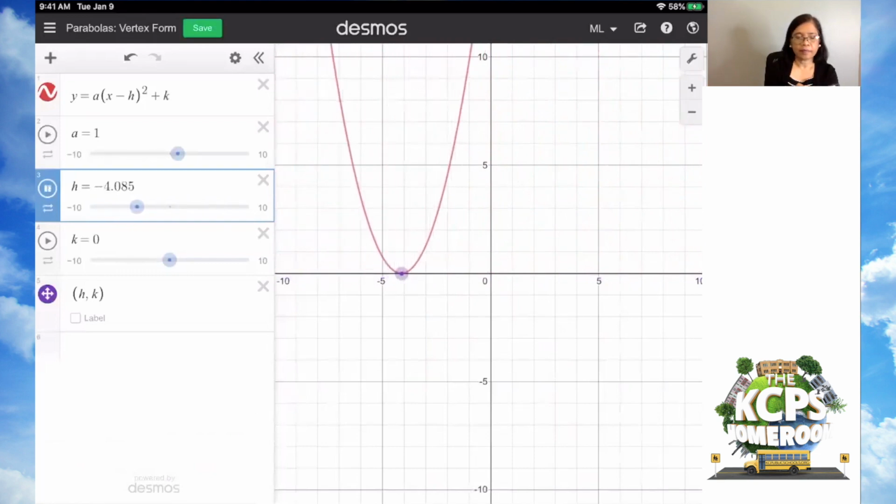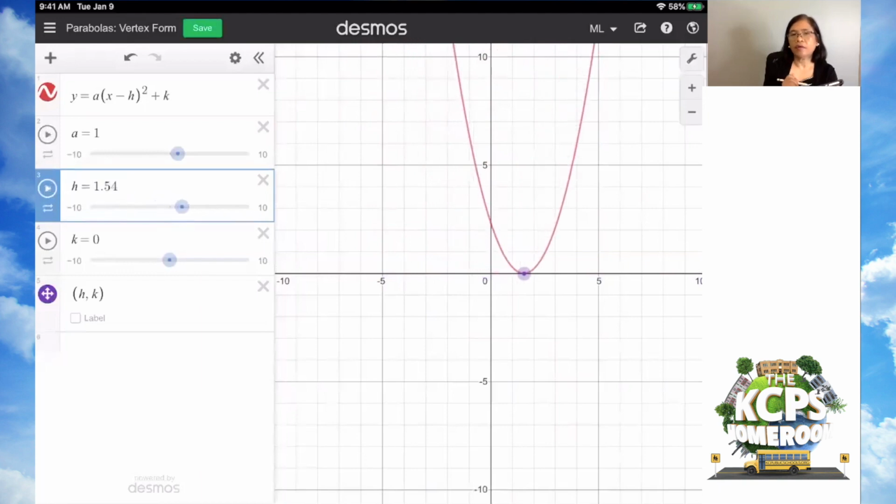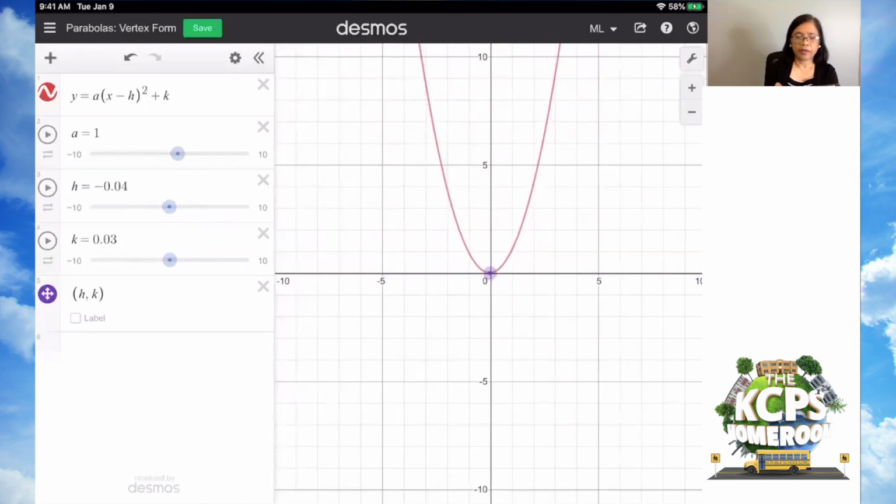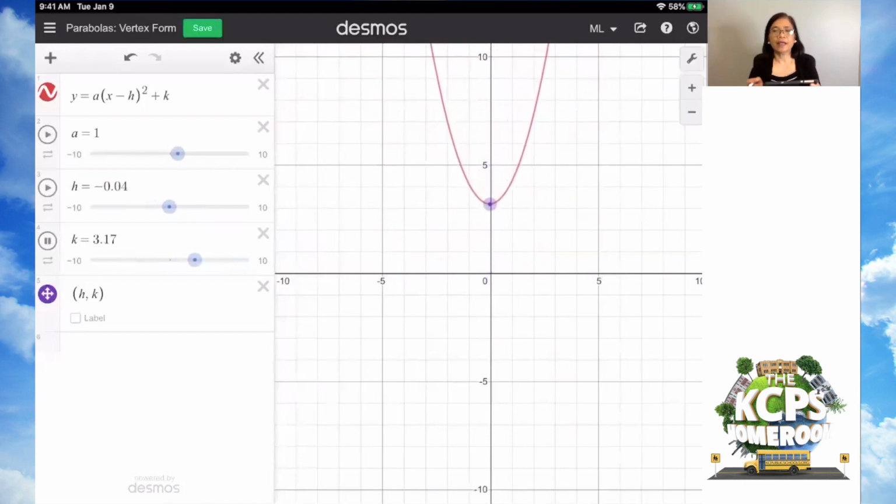Then what's the effect of changing the value of k? When I move k, notice it's a movement upwards or downwards.